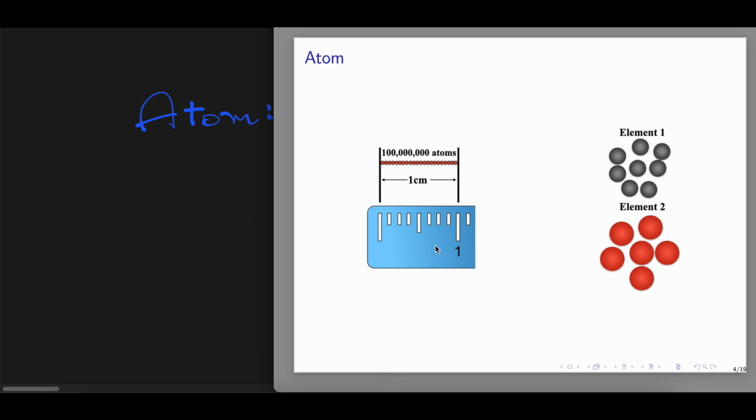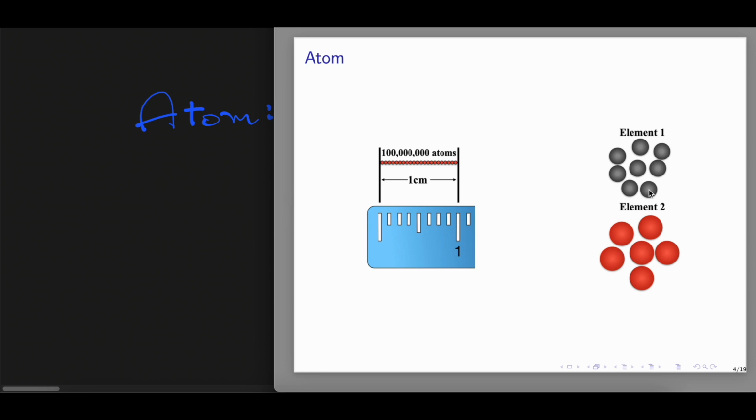To show how small atoms are, if the atoms were arranged to make a straight line, it would take about 100 million atoms to extend a distance of 1 centimeter, which is an impressive number.